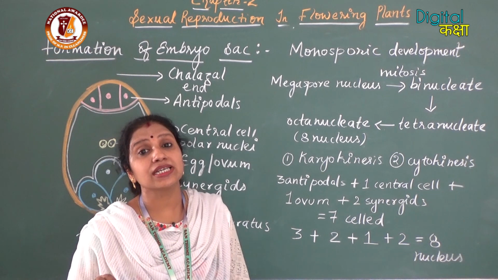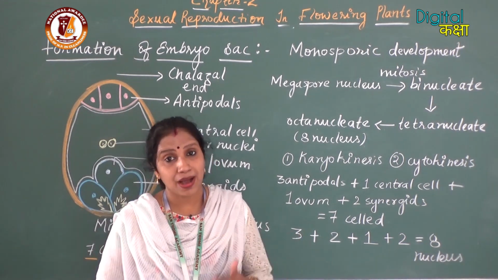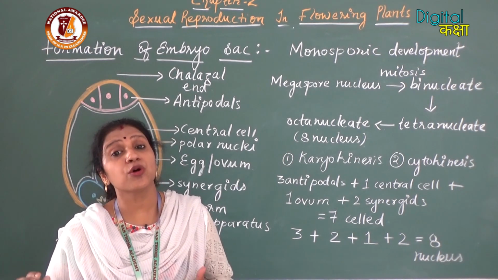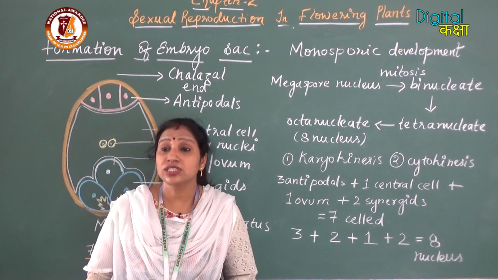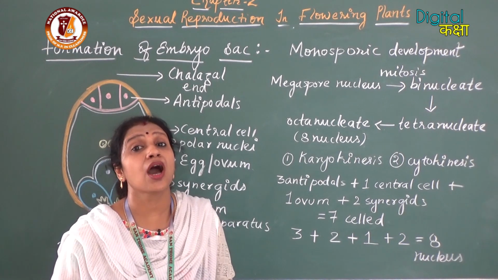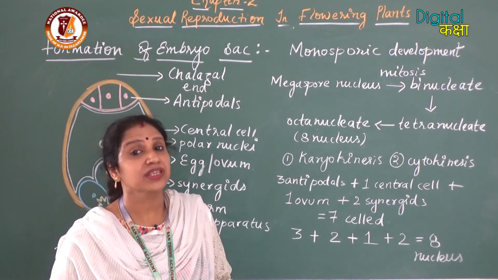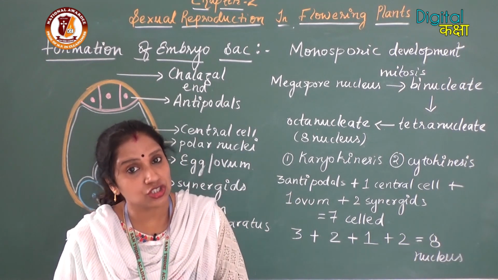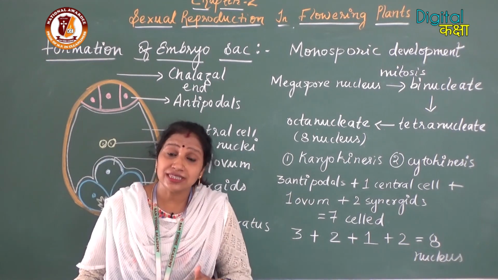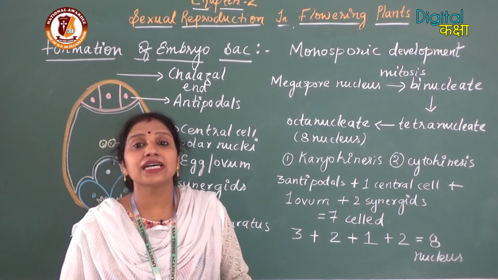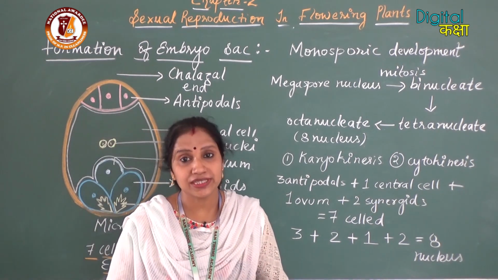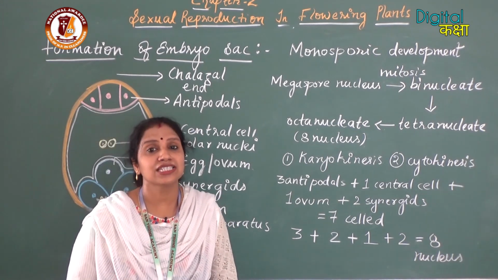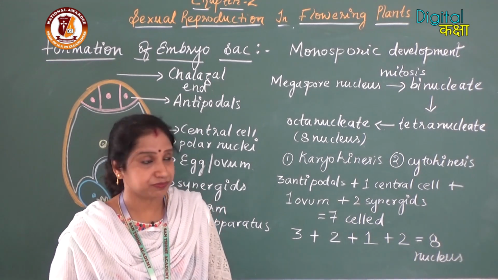So these 8 nuclei are formed by the continuous division of the megaspore nucleus without cytokinesis or formation of cell wall. Initially the nuclear divisions take place continuously, and after that the nuclei distribute themselves towards different locations inside the megaspore.